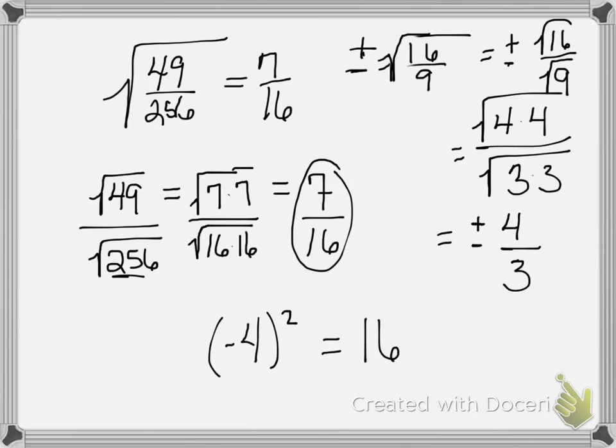Same thing is true if I just have 4 squared. 4 times 4, same sign, is going to be a positive 16. So that's what this plus or minus is indicating, that it's both square roots. It's the negative square root and the positive square root.